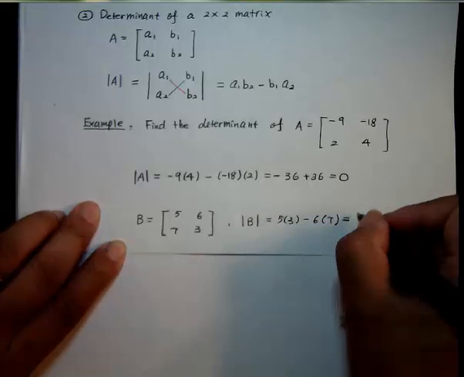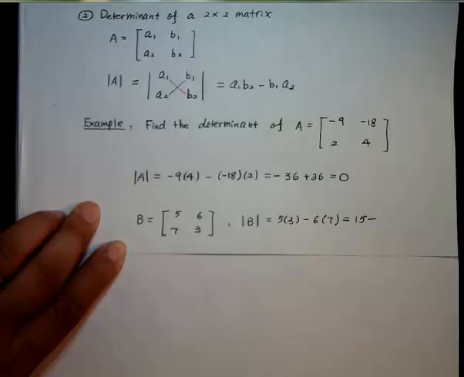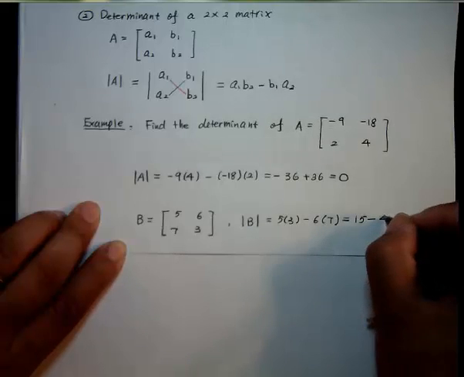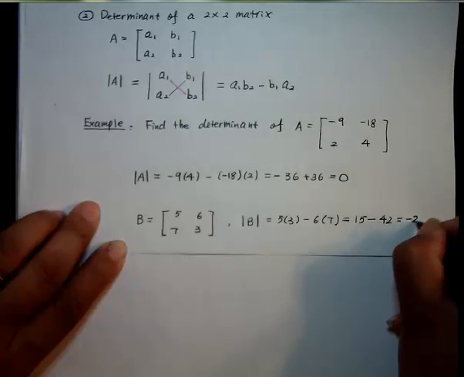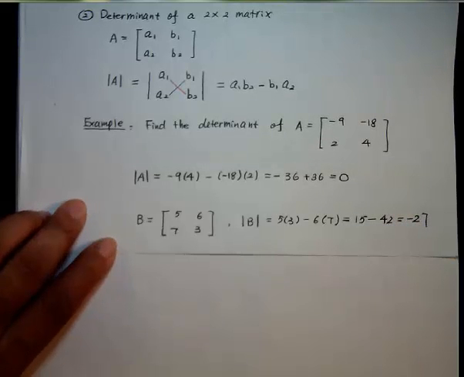That is equal to 15 minus 42, which equals -27, right? So you can see, as I mentioned, the determinant is nothing associated with the absolute value. It can be negative, it could be 0, or it could be positive as well.